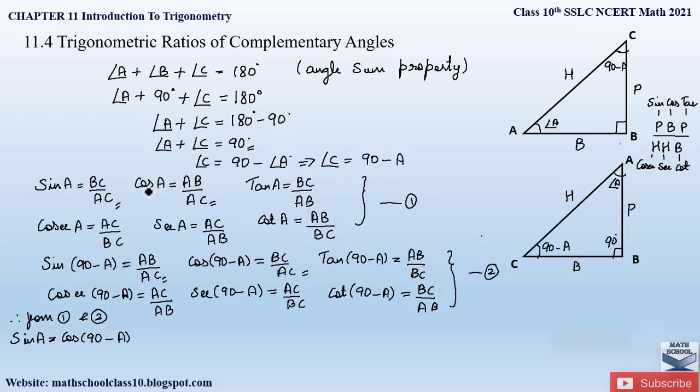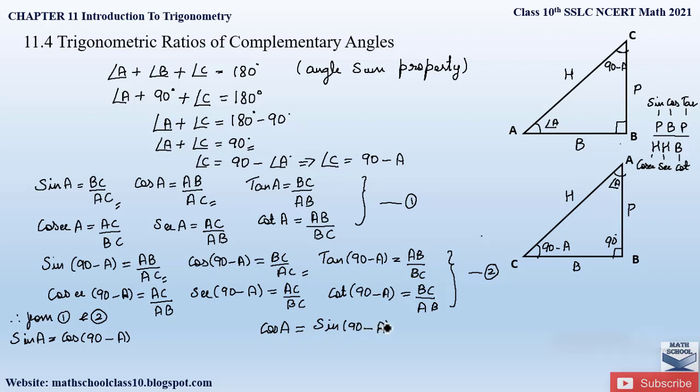Similarly, if you check with cos A, now in the first equation we have AB by AC, which is equal to sine 90 minus A is equal to AB by AC in the second equation. So again here right hand sides are equal, so we can write cos A is equal to sine 90 minus A, right?